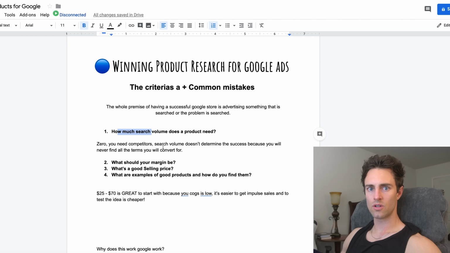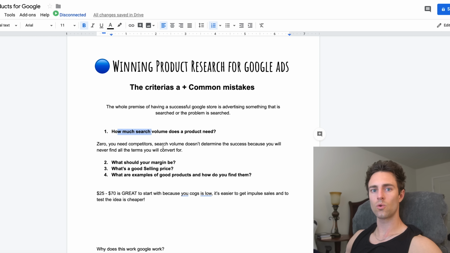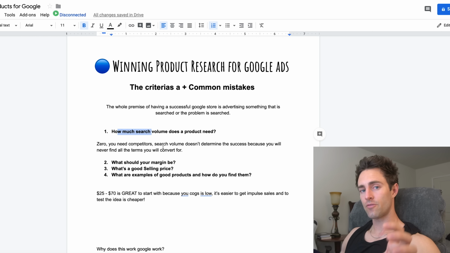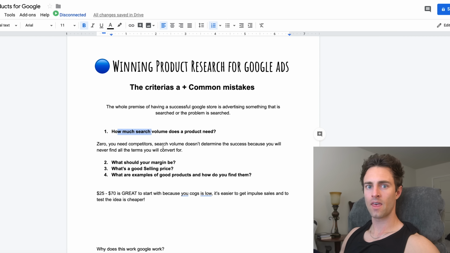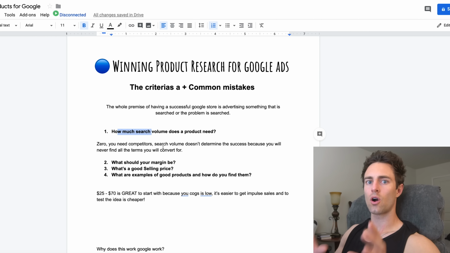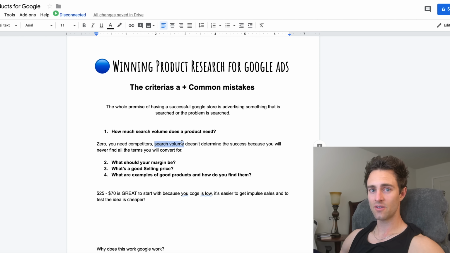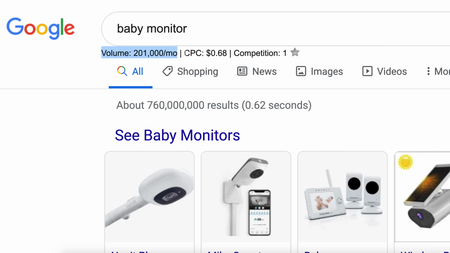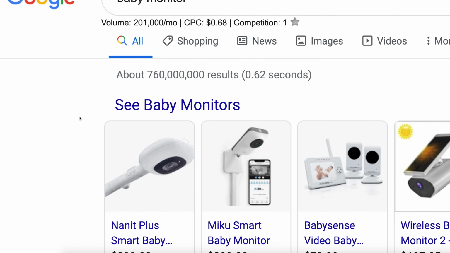Since we are using Google Ads as our traffic driver, we need to make sure there's already pre-existing demand for the product, or people are benefit aware or problem aware and our product shows up, right? I'm gonna give an example so it makes sense, but we need to make sure that there's already demand. Now, one thing you'll find counterintuitive is that search volume does not determine the success of your product.